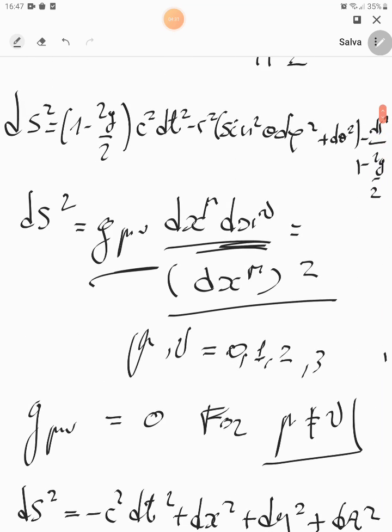Now, the Schwarzschild metric is particular because it describes a particular kind of spacetime, a central symmetrical spacetime.